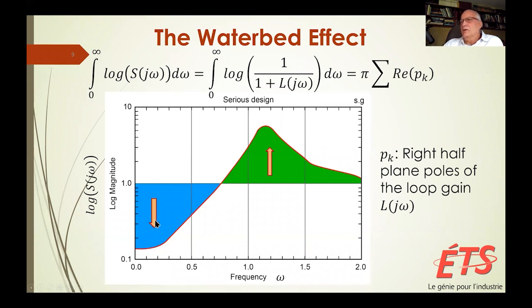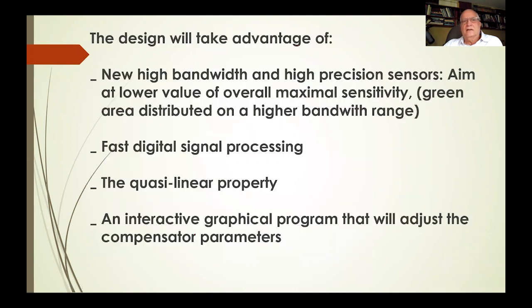That means a big blue area with a lower bound, and at the same time having the bound at all frequencies. So those considerations, as I said, are made easier by the new sensors and by DSP.